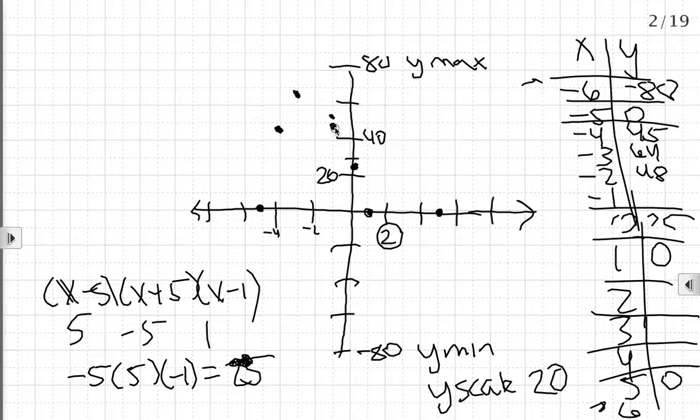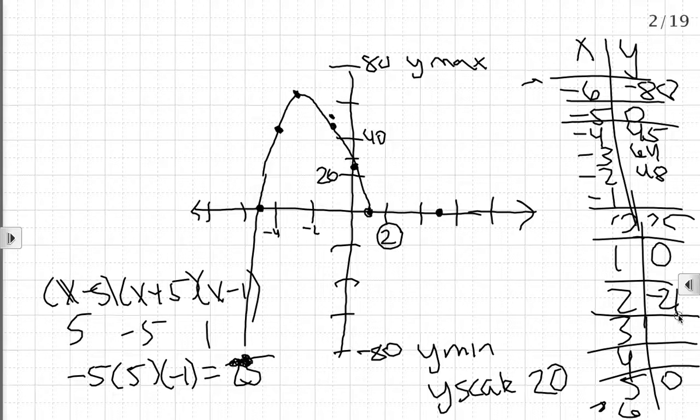So I'm not going to worry about 2 right now. I know that the graph is going up somewhere like this. I do want to figure out what positive 2 is. So 2 minus 5, 2 plus 5, 2 minus 1 gives me negative 21.